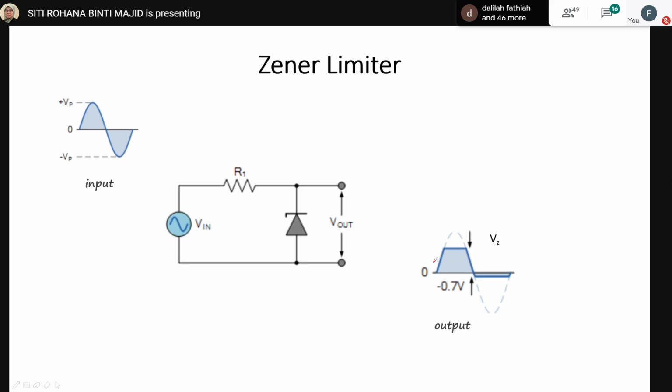If the output waveform exceeds the 6 volt limit, the Zener diode will clip off the excess voltage from the input and produce a waveform with a flat top, keeping the output constant at 6 volt.